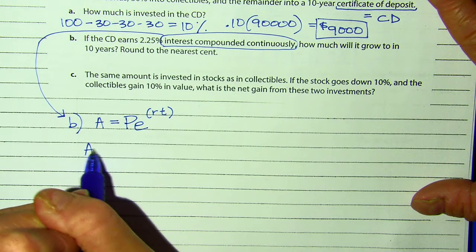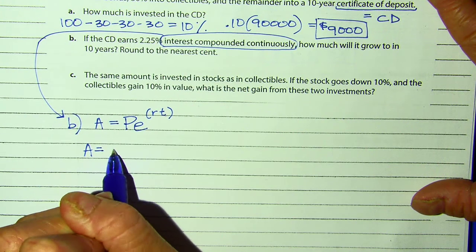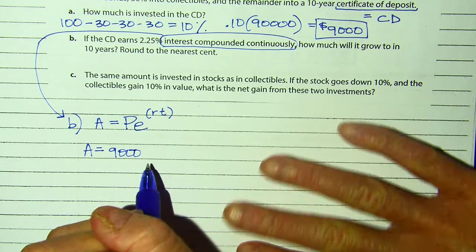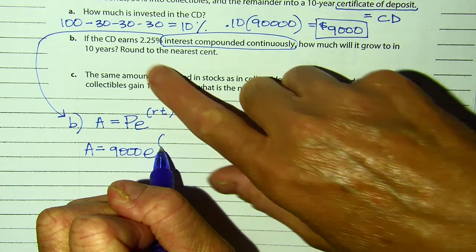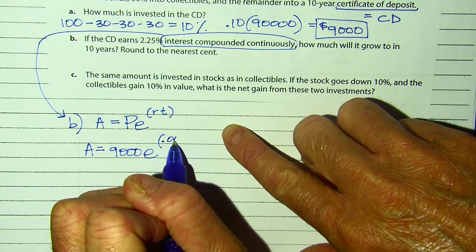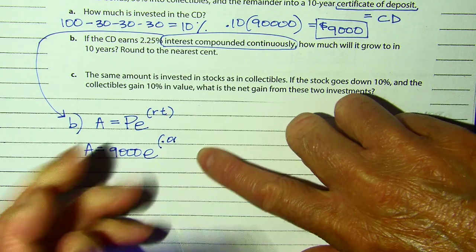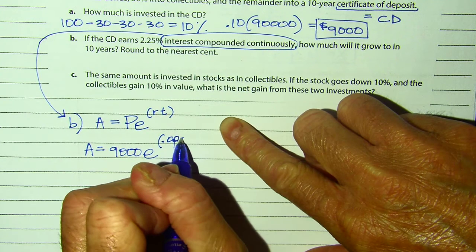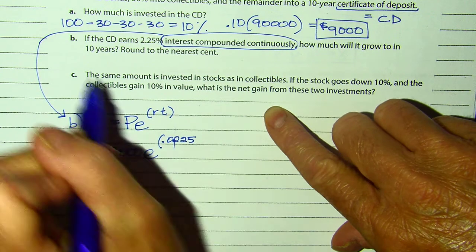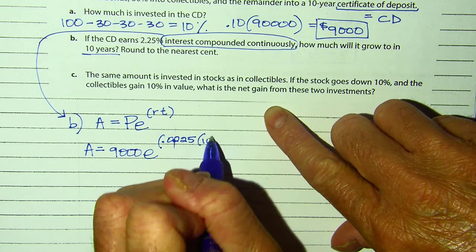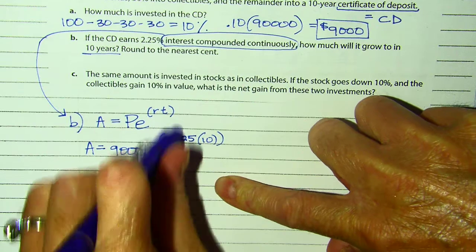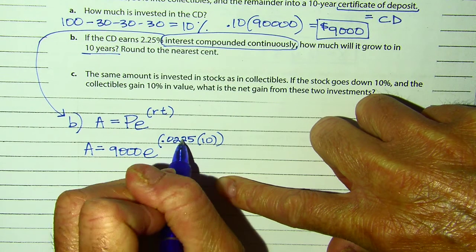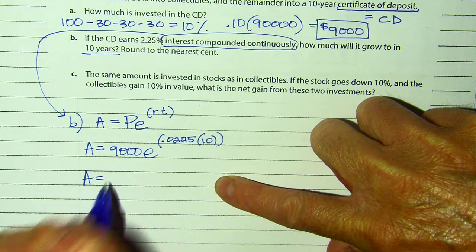So how much is in her account if she invests that $9,000 in the CD, times e to the... It says her rate is 0.0225, and it says 10 years, so times 10. I'm going to fix that so this can actually be read, and we are going to type that into our calculators.